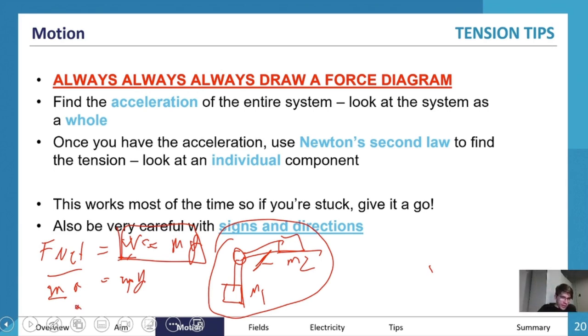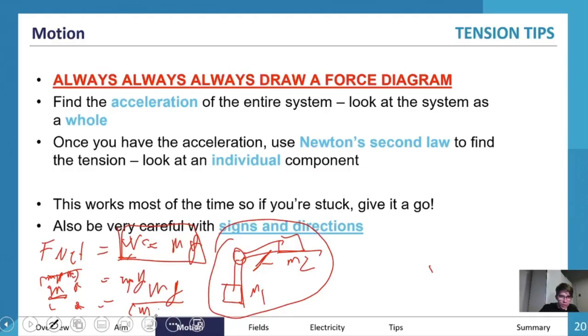So, acceleration is equal to mg divided by this m here. This m is m1 plus m2.